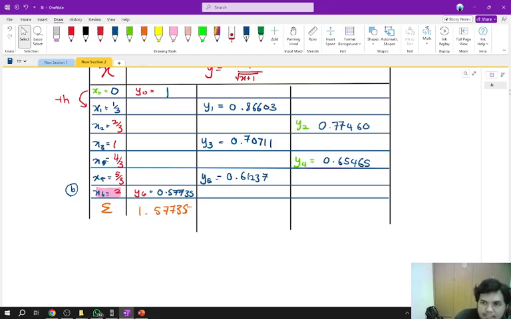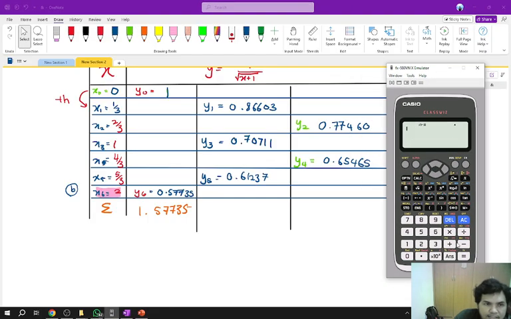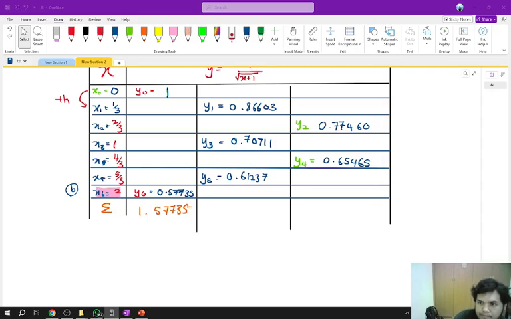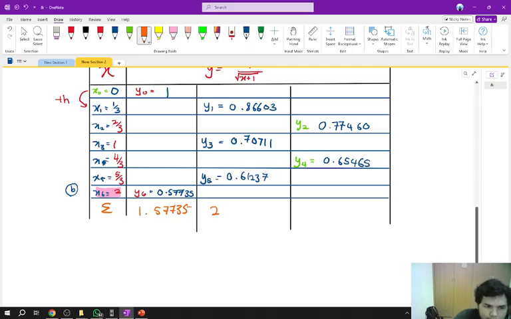The second column will give us the answer of 0.86603 plus 0.70711 plus 0.61237, equal to 2.18551.